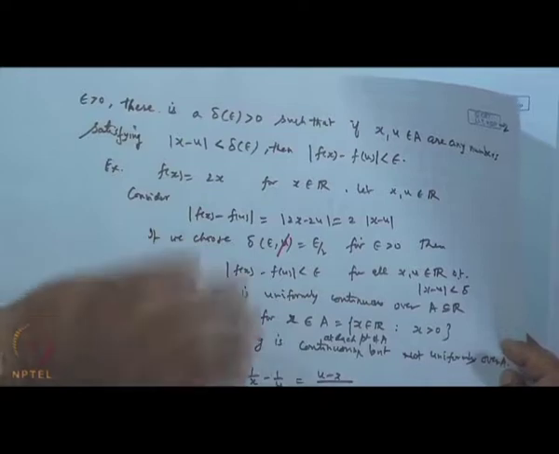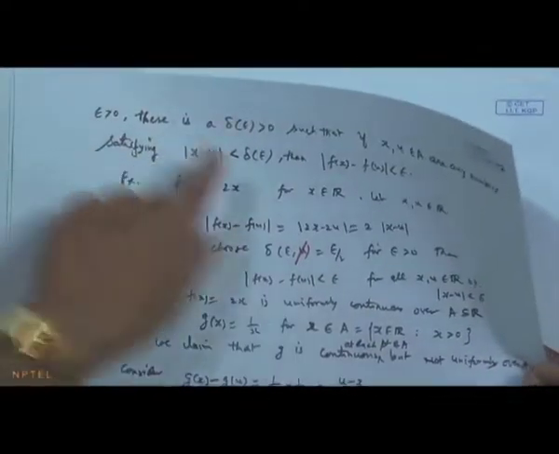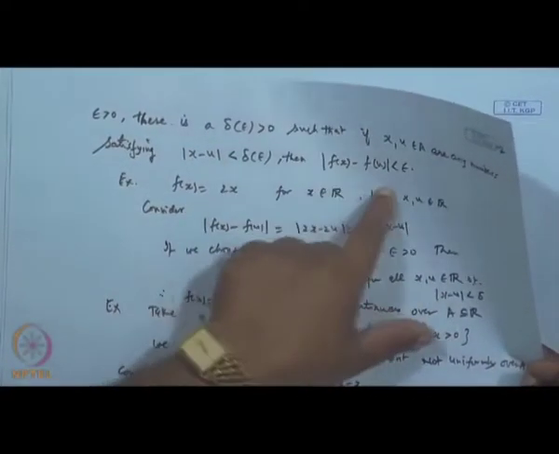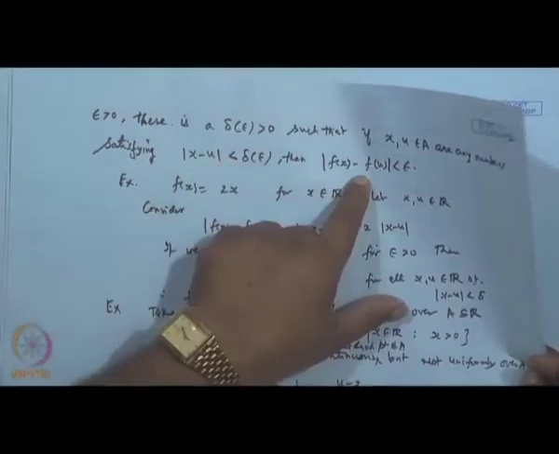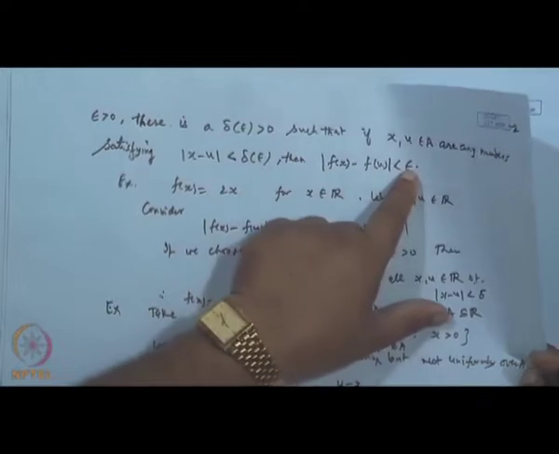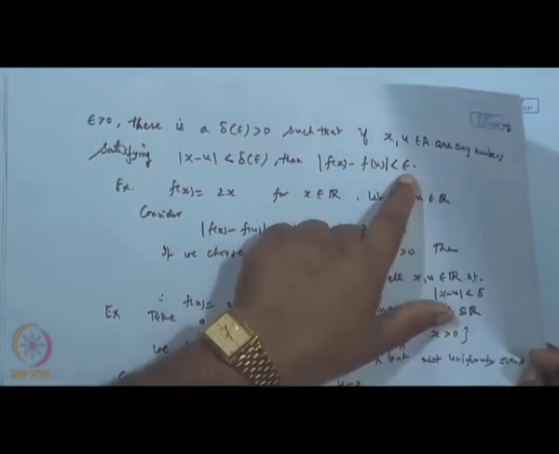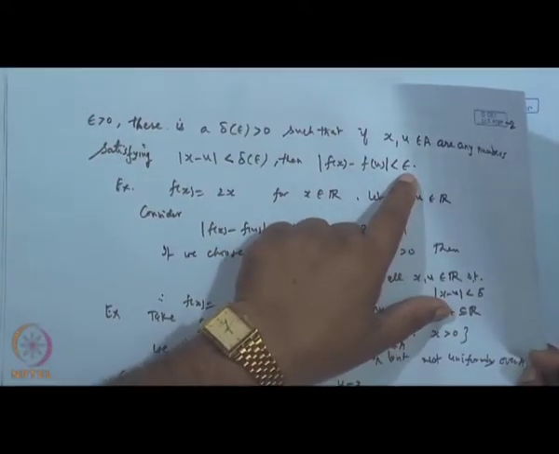So, if the function is not uniformly continuous, this condition will be violated. If we choose the points in the delta neighborhood, the fluctuation of the images may not be less than epsilon, it can exceed some number epsilon naught.